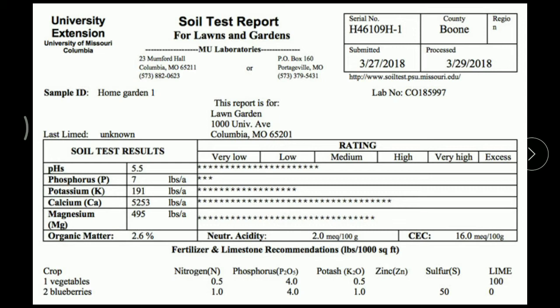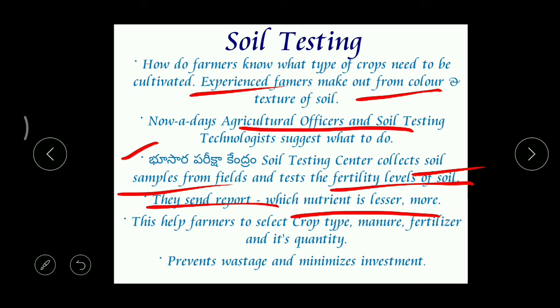That means which nutrient is less in our soil and which is more. Accordingly, which crop is suitable to grow and which crop we should not grow, which kind of fertilizer we have to use, and how much fertilizer we have to use. In this way, we get the complete knowledge.